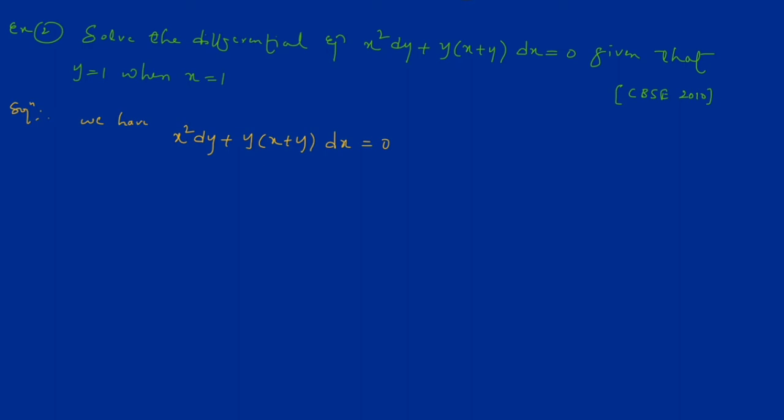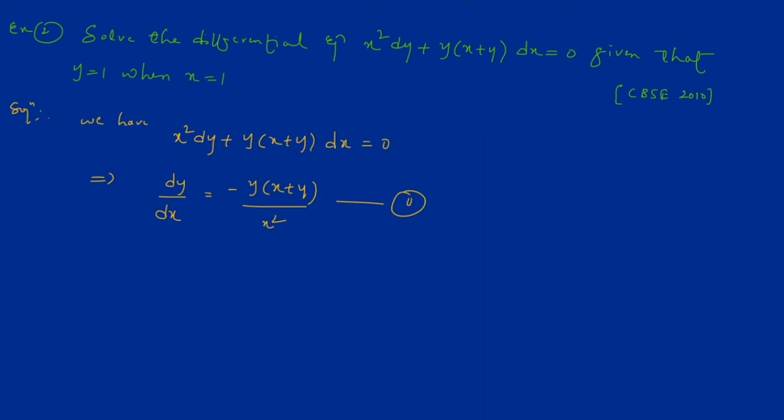So now convert it into the standard form, which implies dy by dx is equal to minus of y times (x plus y) divided by x square, right? A basic simplification is there, simply taking the LHS terms to the RHS. Let us take it as equation 1.